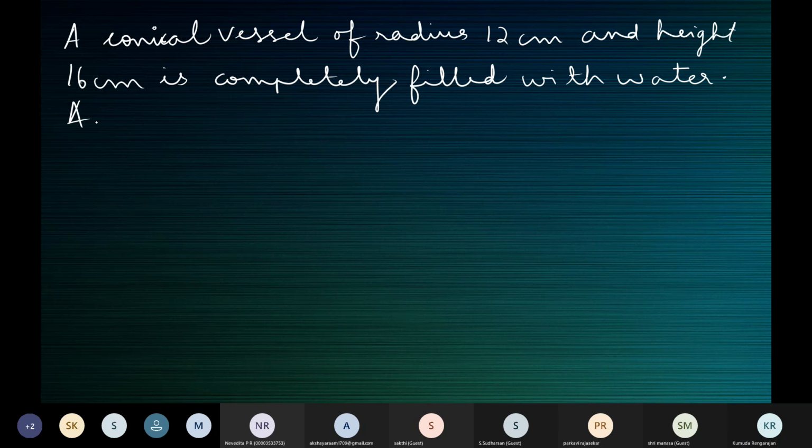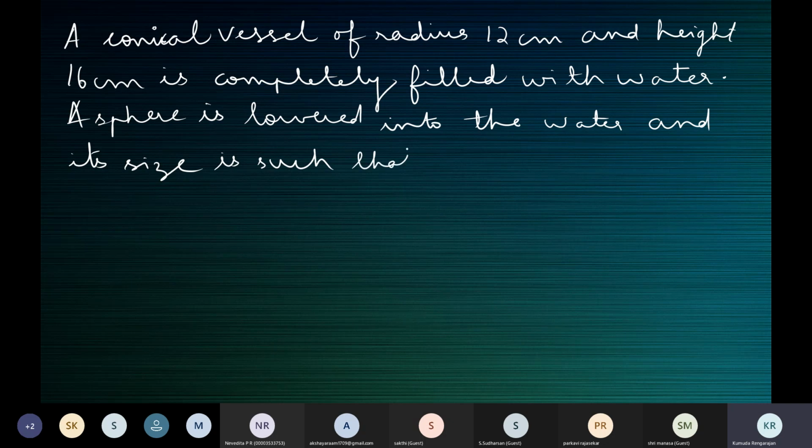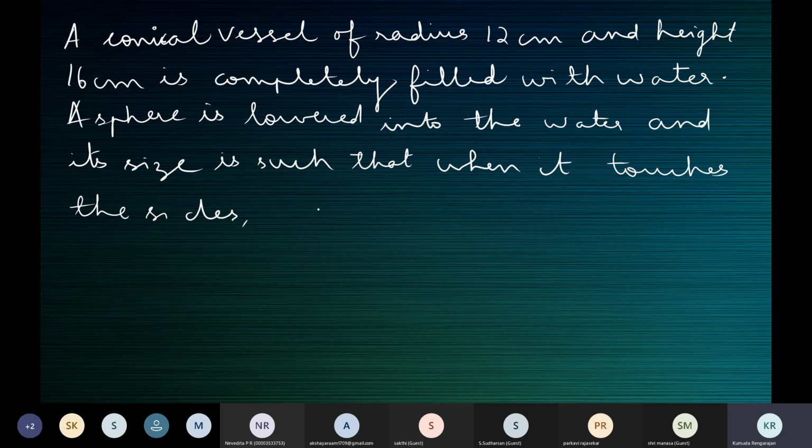A sphere is lowered into the water, and its size is such that, when it touches the sides, it is just immersed.